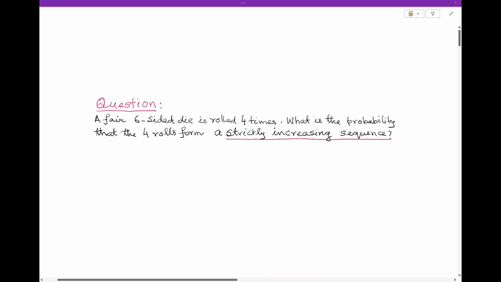A six-sided die is rolled 4 times. What is the probability that the 4 rolls form a strictly increasing sequence?